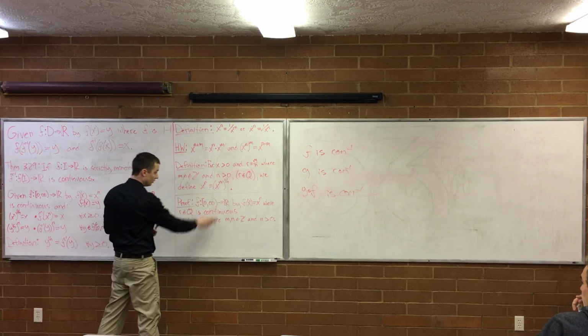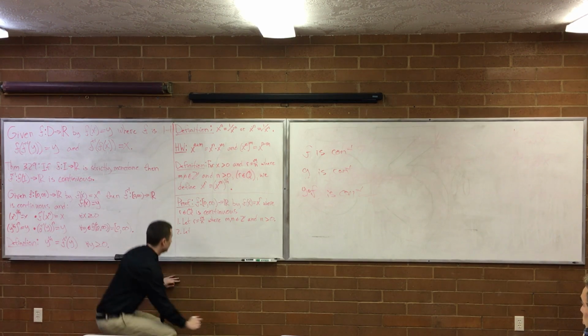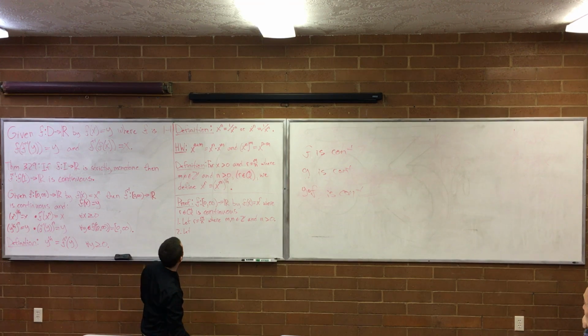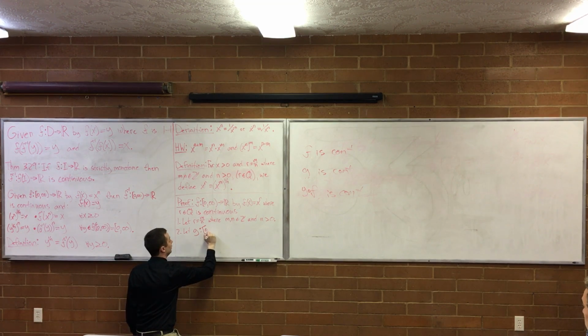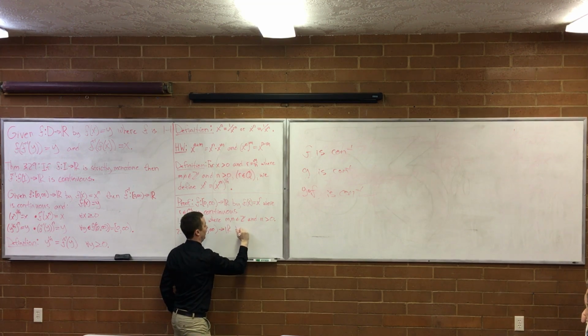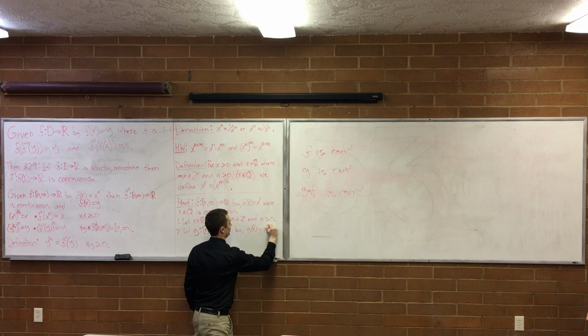And obviously, what are my two continuous functions? They're those two functions. Let's see, I already used f, so we'll use g and h. Let g from 0 to infinity to R be given by g of x equals x to the m.